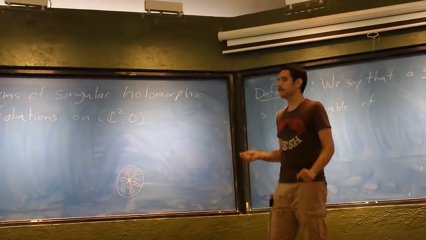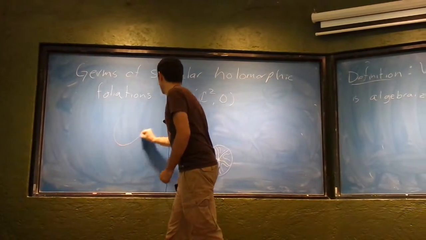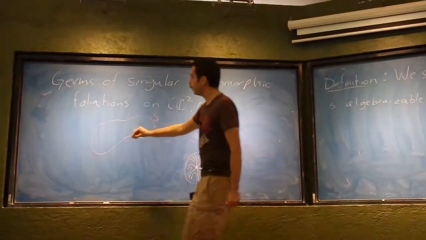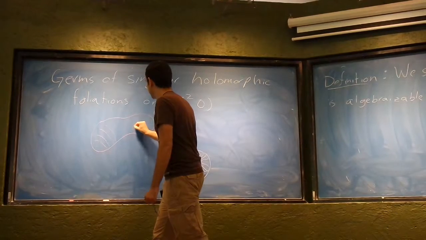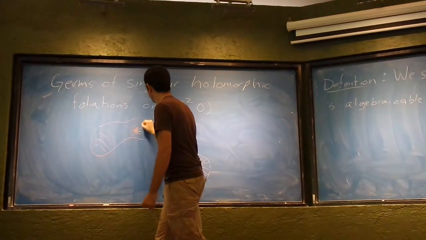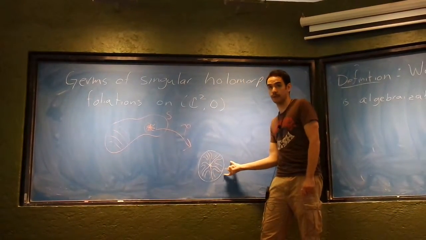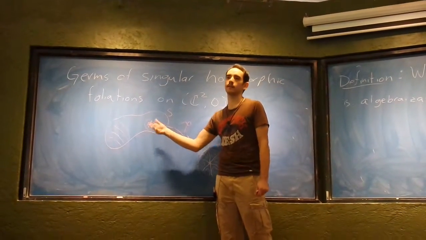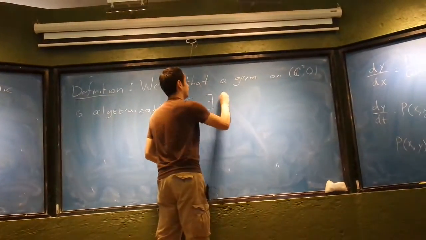So I want to ask whether or not there exists an algebraic surface S, a foliation on this surface by curves, and a singularity, a point in this surface, such that we can realize our original germ as the germ of this algebraic foliation on some small local coordinate chart.